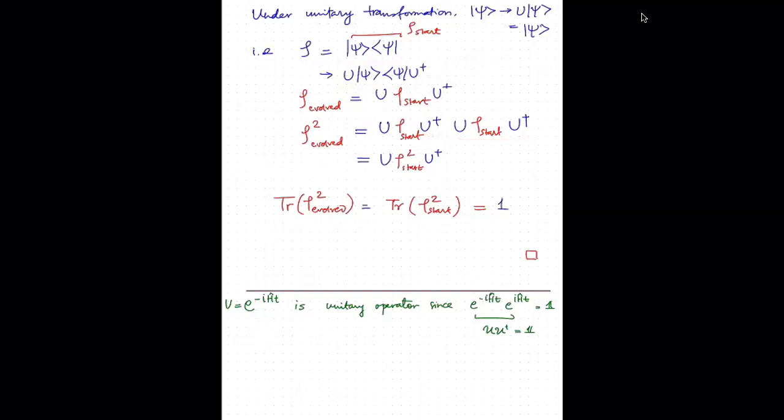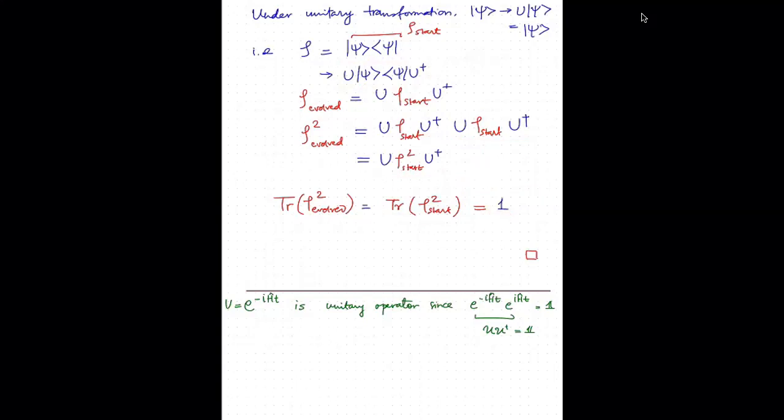But I already told you that U dagger U is equal to identity, so this just gives me this. And then we can take the trace on both sides to get the trace of rho evolved squared is equal to the trace of rho start squared. This is because when I take the trace of this quantity, I can use the cyclicity of the trace, and this can be written as the trace of rho start squared U dagger U, and this is identity. So this is what you get, and that is equal to 1.